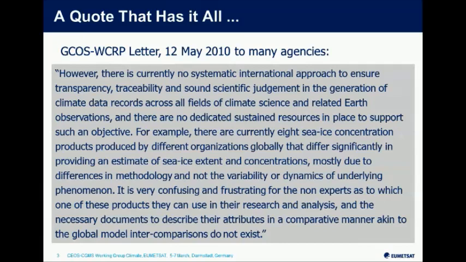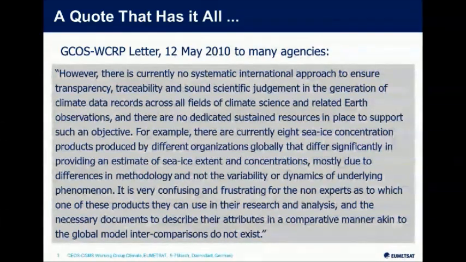And they continue: there are currently, as an example, 8 sea ice concentration products produced by different organizations globally that differ significantly in providing an estimate of sea ice extent and concentrations, mostly due to differences in the methodology and not due to the variability or dynamics of underlying phenomena.